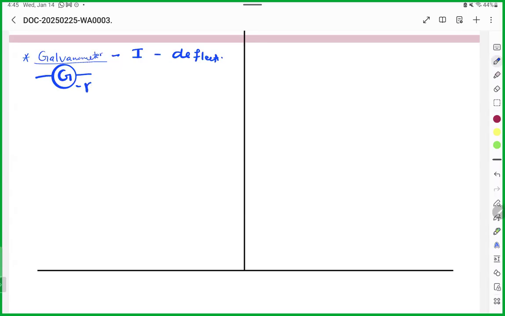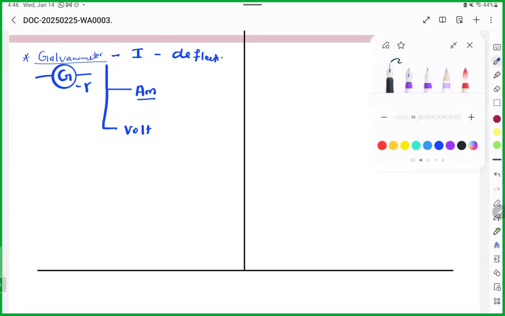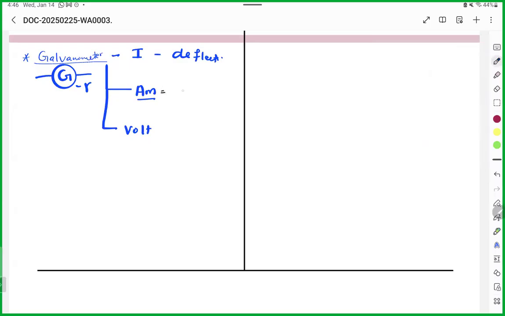Now this galvanometer can be converted into two forms: an ammeter to measure current and a voltmeter to measure voltage. Whenever we measure current, we need maximum current, and for maximum current you need minimum resistance.